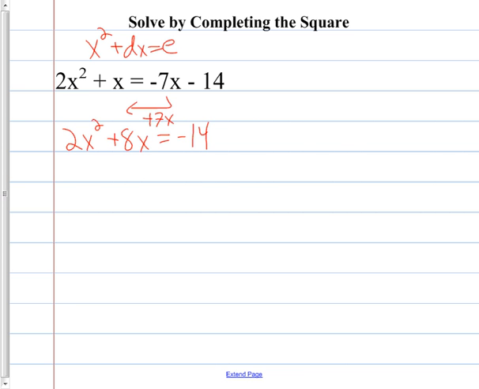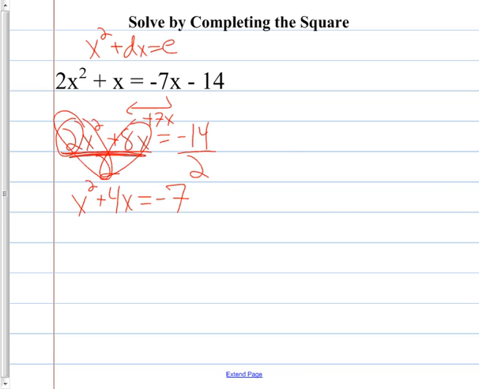Now the only thing that is not in the form is I have this 2 here. So to get rid of that 2, I'm going to just divide both sides of the equation by 2. So now it's x squared plus 4x equals negative 7. Make sure that when you divide a whole side by 2, each term gets divided by the 2. So the 8x also gets divided by 2.